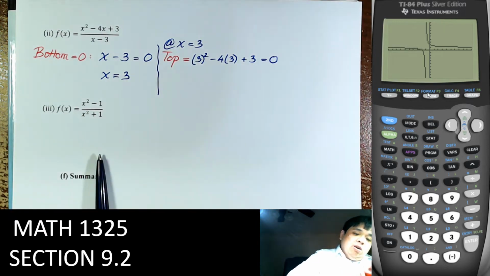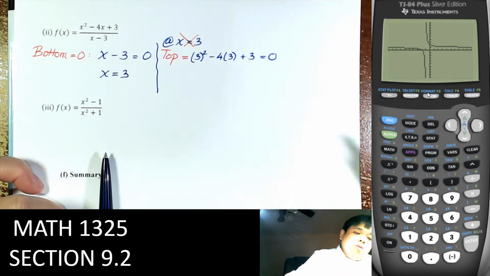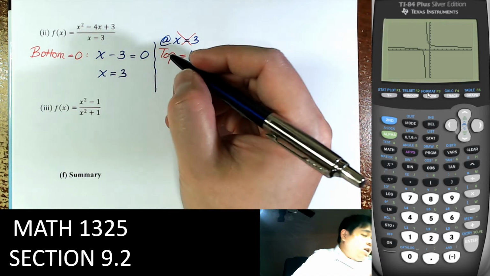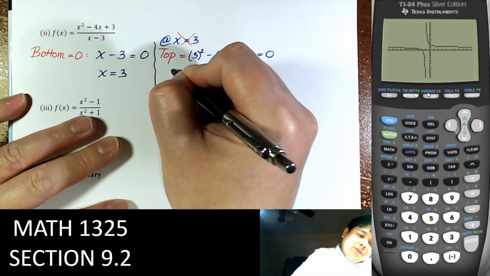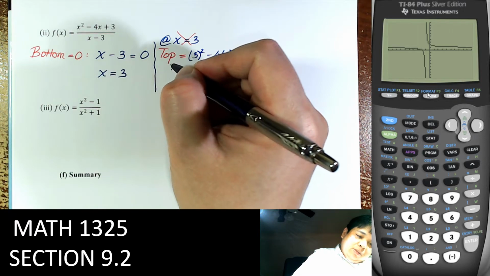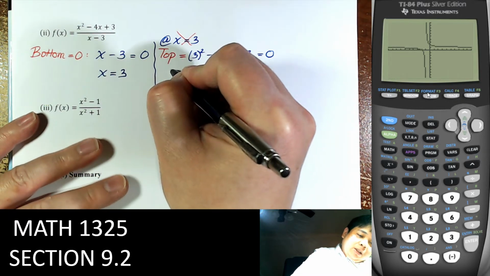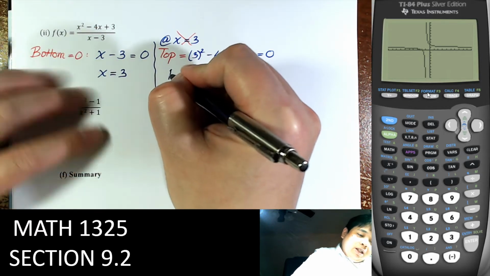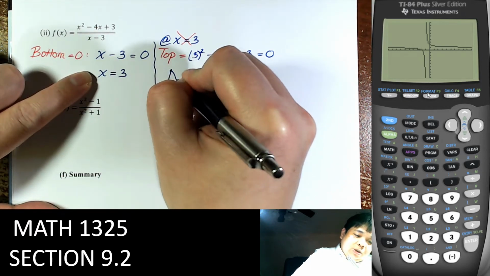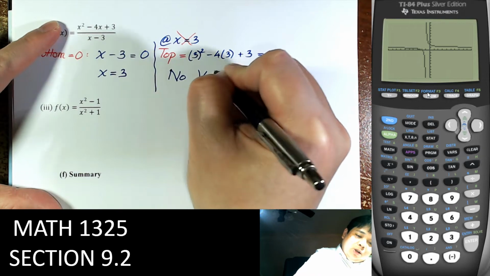So if it is 0, this is not a vertical asymptote. So the graph of this has no vertical asymptote, because there are no other values that we will test other than x equal to 3. So in this case, no vertical asymptote.